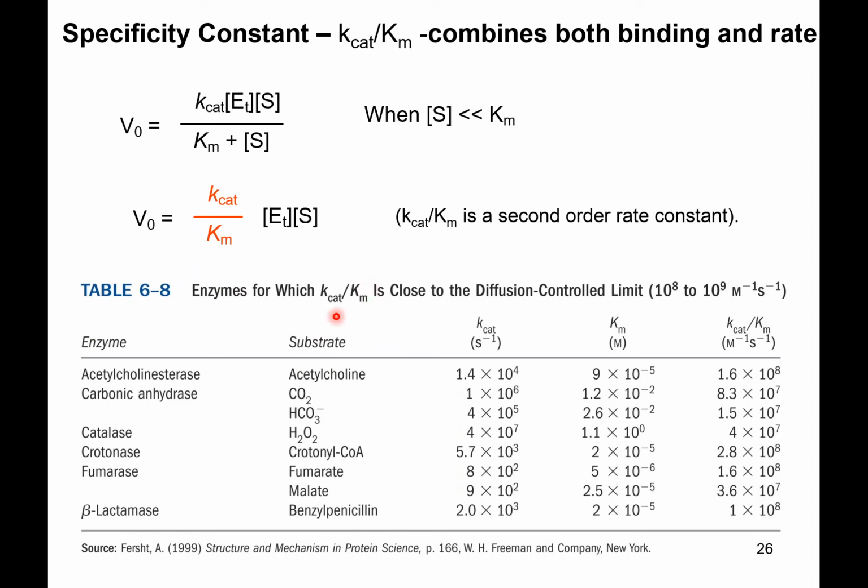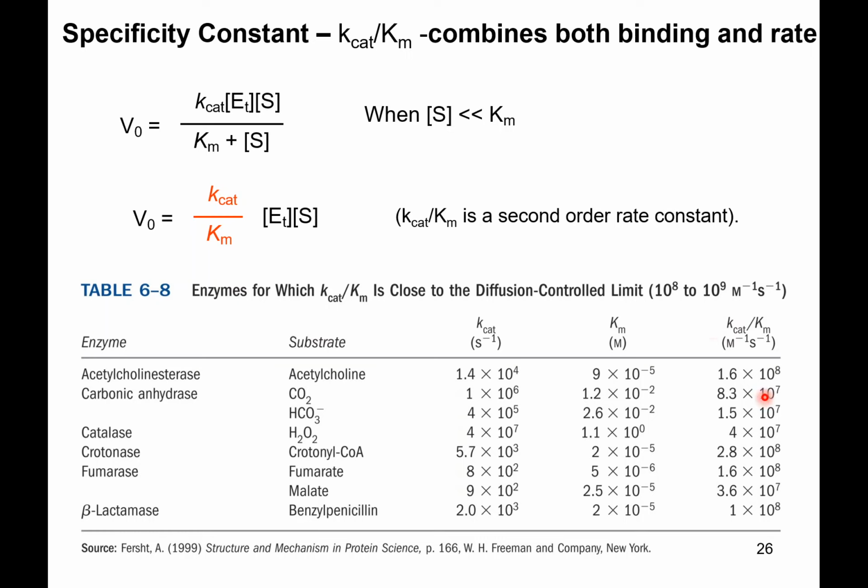This specificity constant, Kcat over Km, 10 to the 8th to 10 to the 9th per mole per second is really kind of the maximum you can have for a diffusion controlled reaction. That is where your substrates have to diffuse in solution and find their way to the enzyme and then be released.